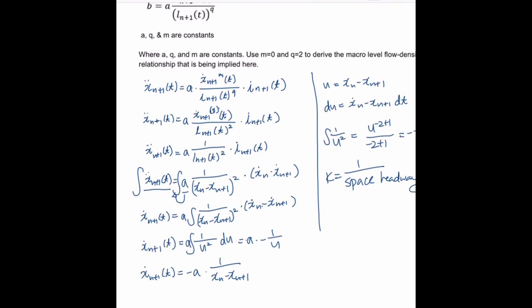So I can now substitute k into this position. And I forgot to put the constant c here. Plugging in c, the speed of the follower equals negative A times k plus c.